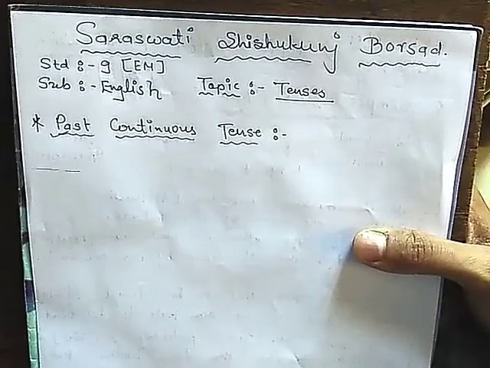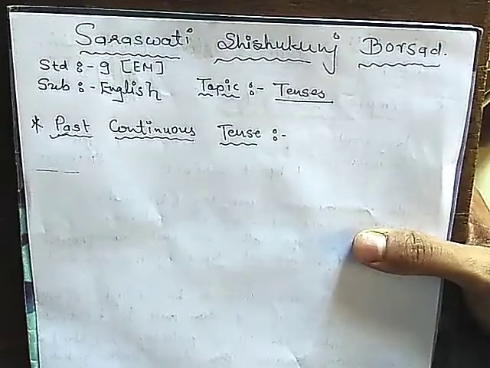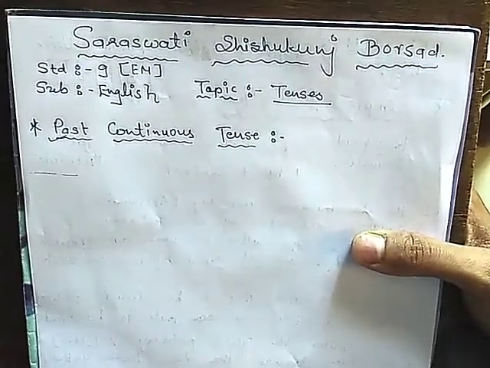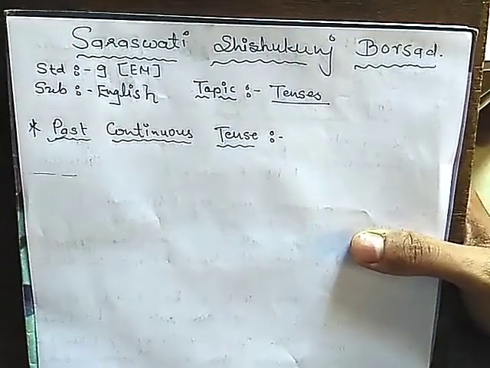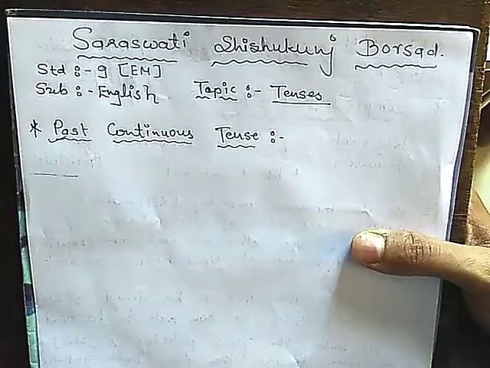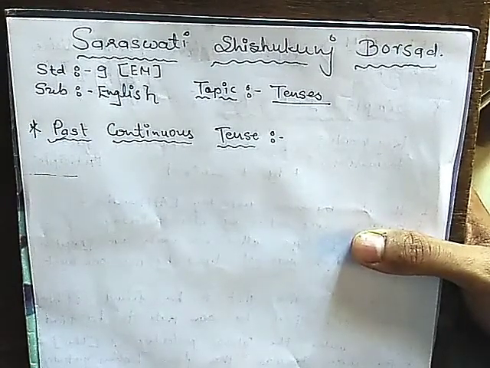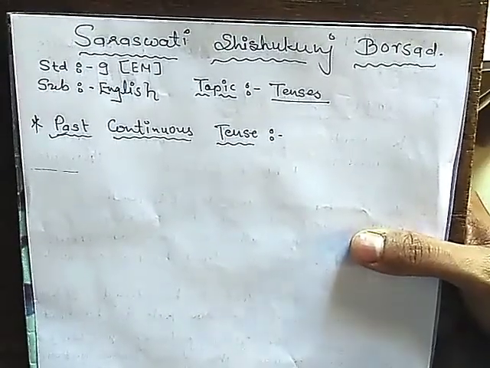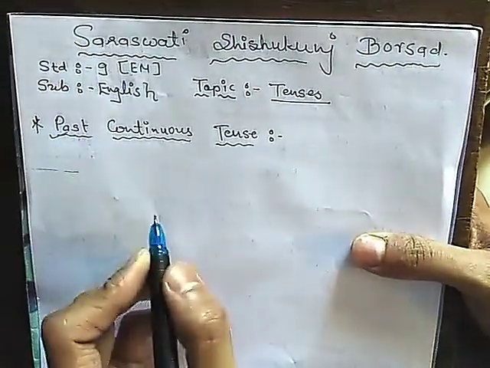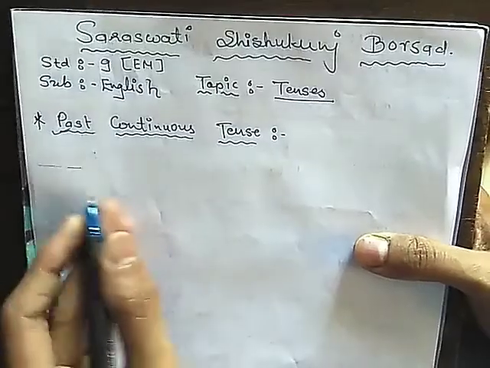So in total we have completed 5 tenses, and today we are going to discuss one more tense from the past tense, and the title of the tense, as you can see, is past continuous tense. So let us start past continuous tense.